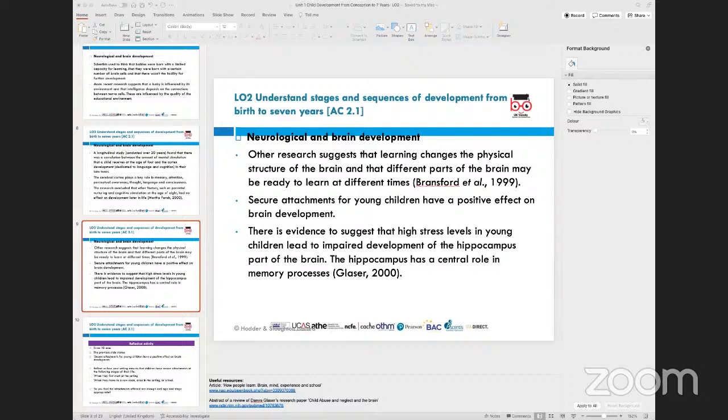And the brain undergoes significant growth, but it also has a profound impact on how the physical development of the child happens. And one of the key points that he proposed, from the research that was carried out, is that 90% of the child's brain growth happens before the age of 5.